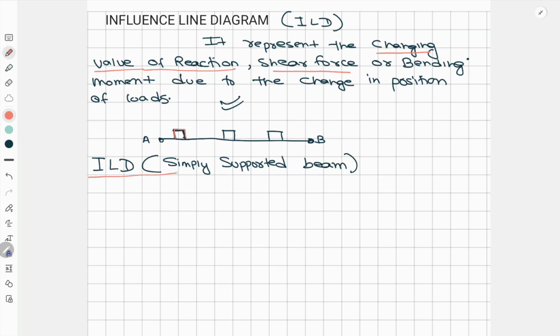This is the most important basic related to influence line diagram. Now here I'll draw a simply supported beam.